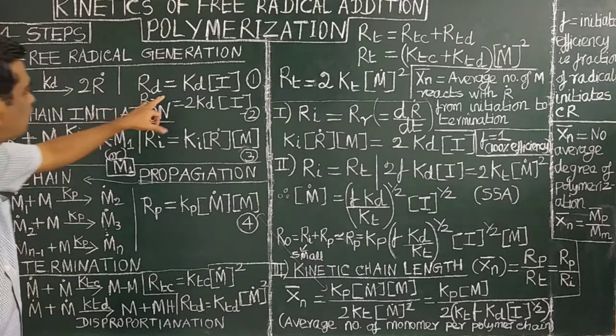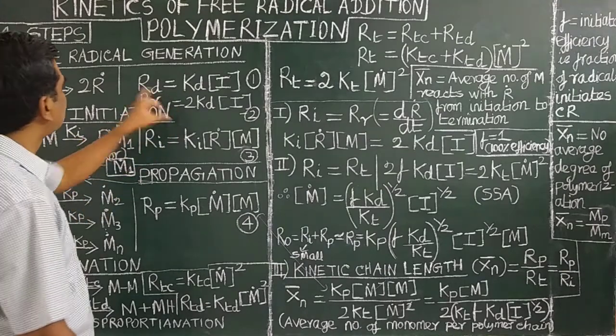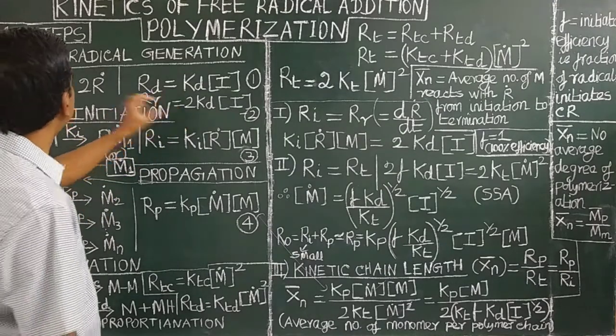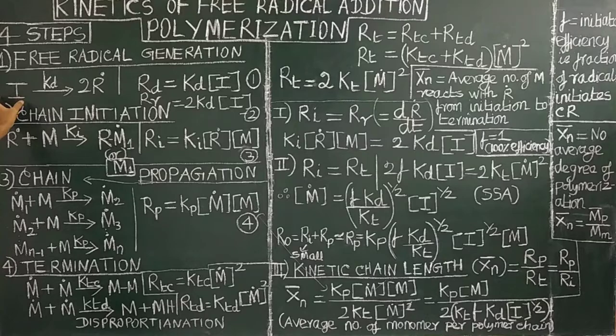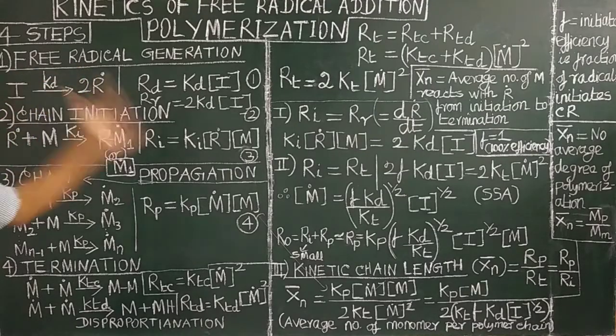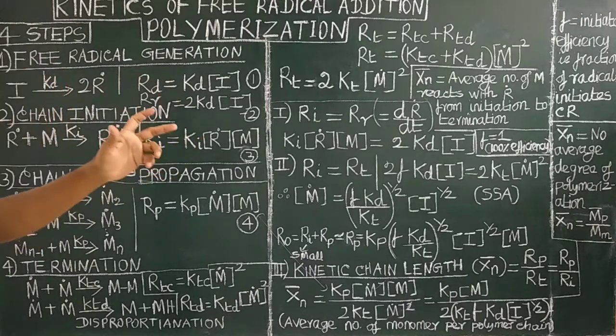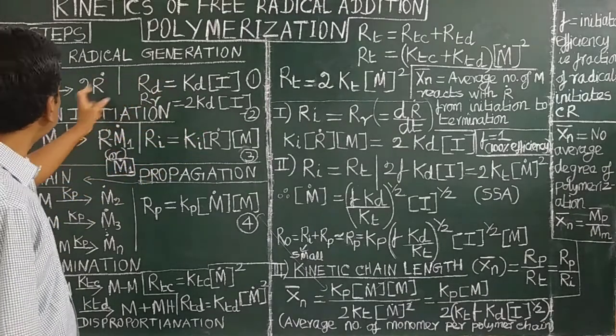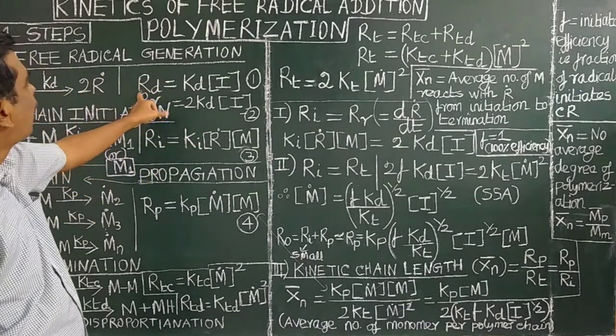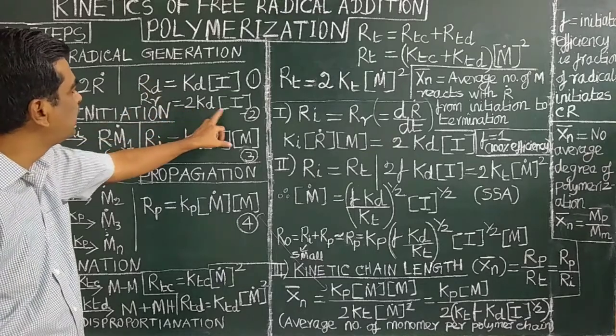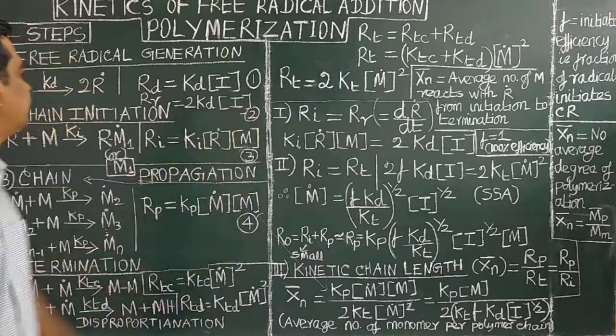For each initiator molecule, there are two free radicals generated. Therefore, the rate of radical formation is equal to twice the rate of decomposition, that is, 2 Kd [I].